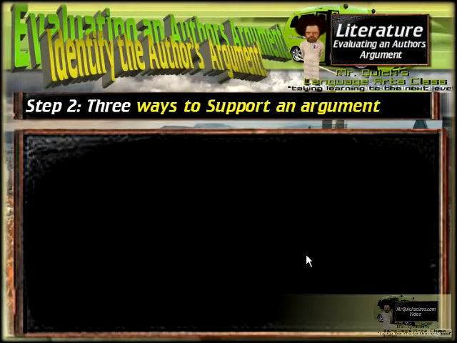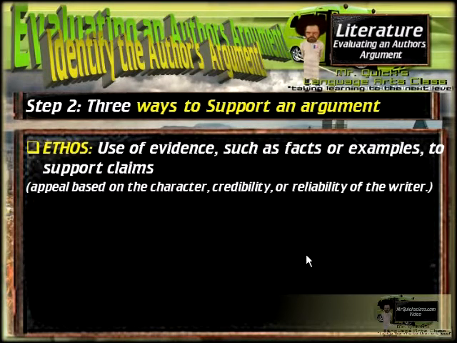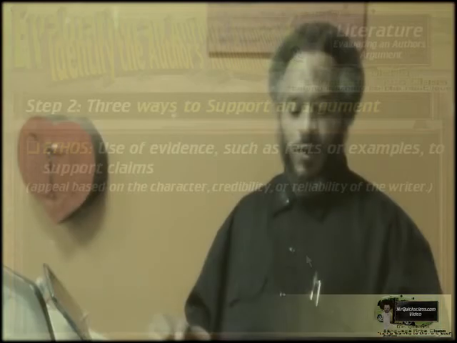Now, if you've taken a psychology class, you kind of know about this here. Ethos, of course, is the use of evidence such as facts and examples to support claims. It's a word closely related to the word ethics or ethical, because this is a very ethical way to argue a position.